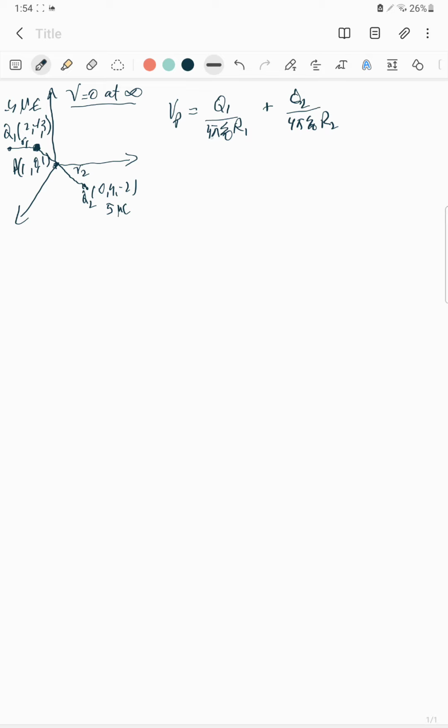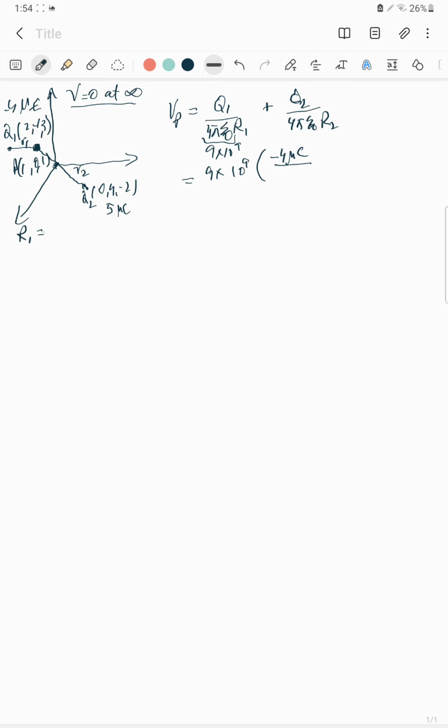I know that this factor is 9 multiplied by 10 raised to power 9, so I take it as a common factor. Q1 is minus 4 microcoulomb divided by R1. Let us calculate R1 and R2.